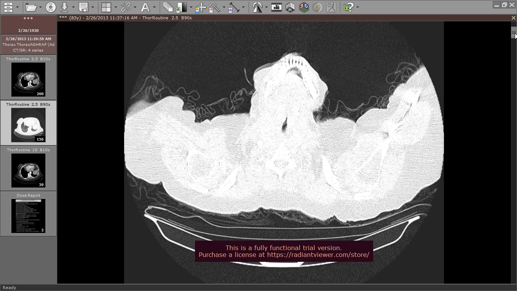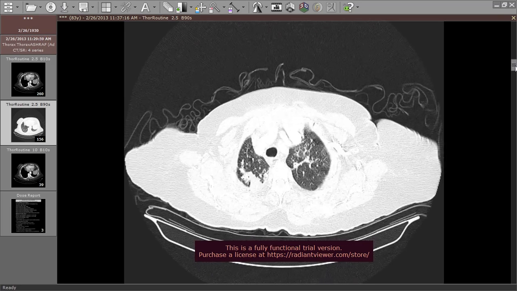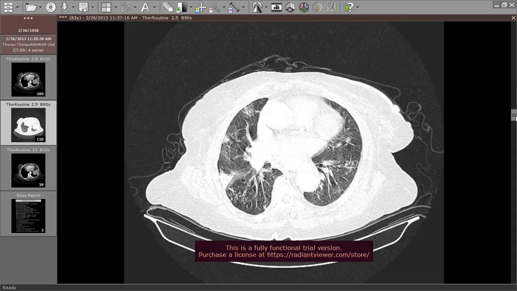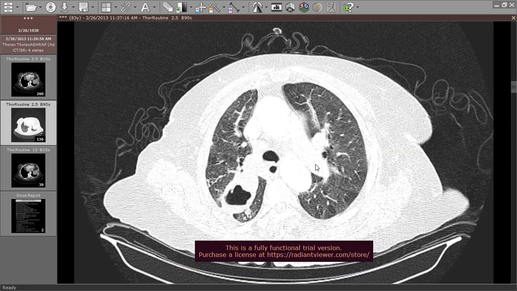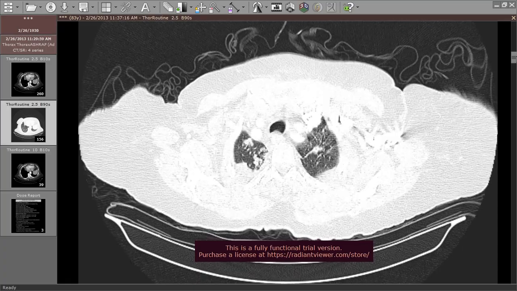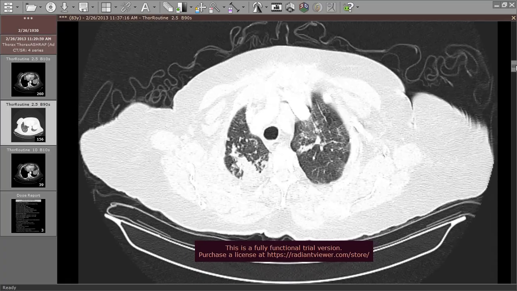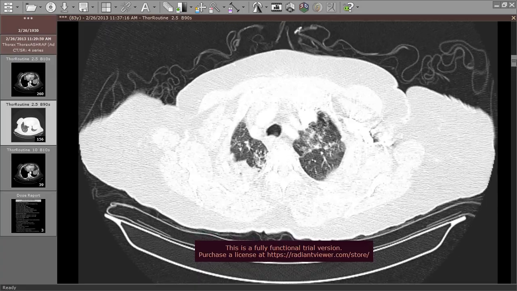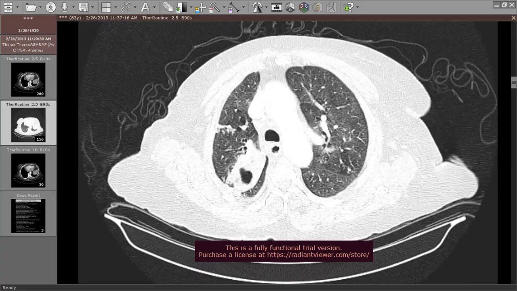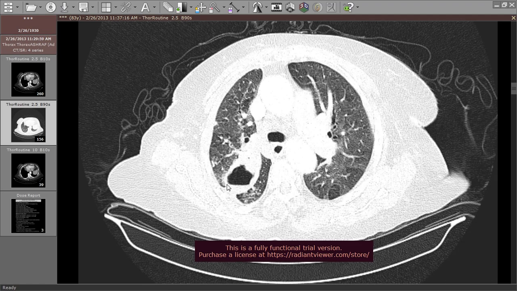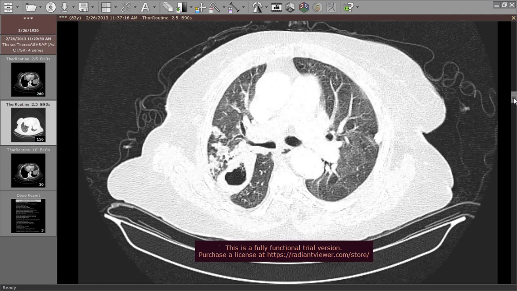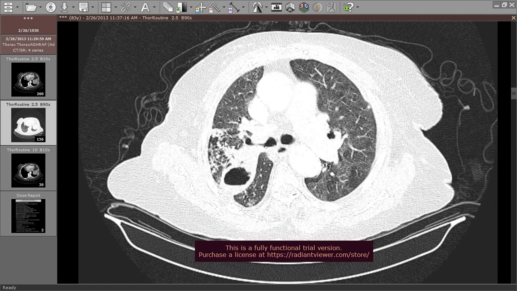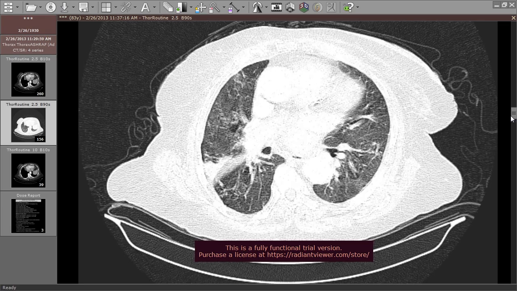Case number 7. Again, if you can notice, there are bilateral apical fibrotic changes, followed by this cavitary lesion in the posterior segment of the right upper lung lobe, showing a smooth wall and minimal air-fluid level, with nearby consolidative changes and small nodules.